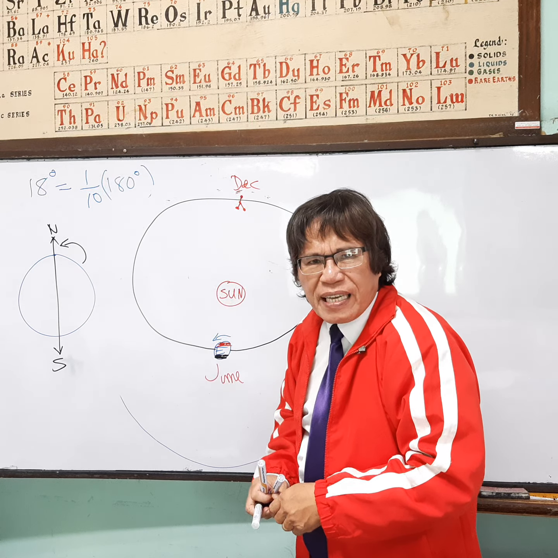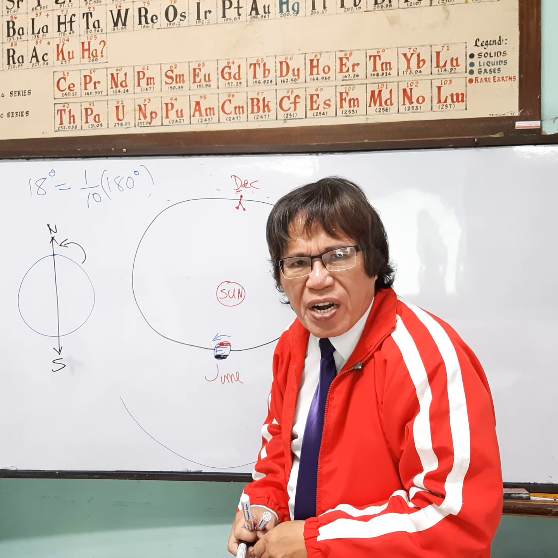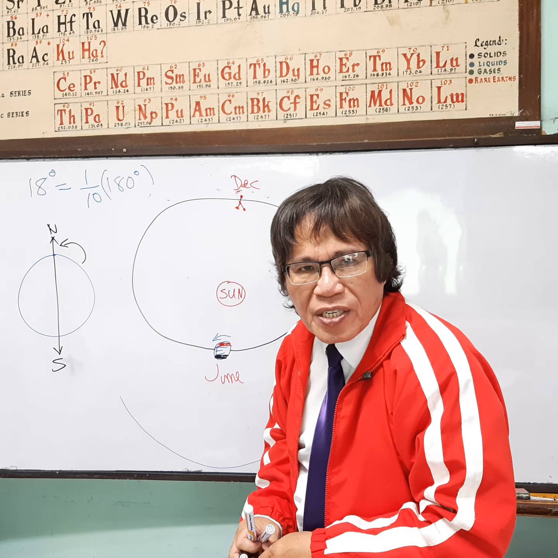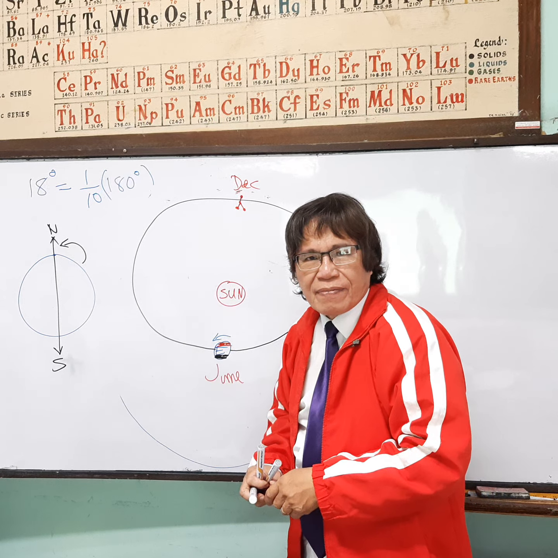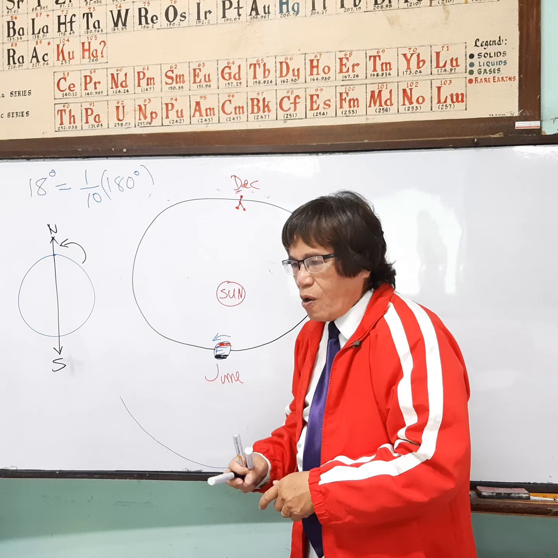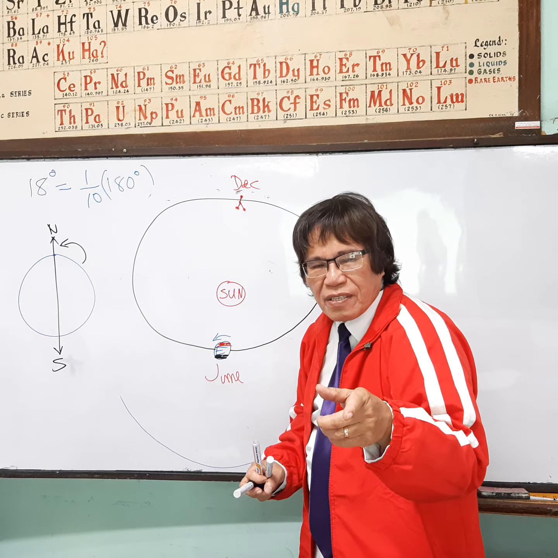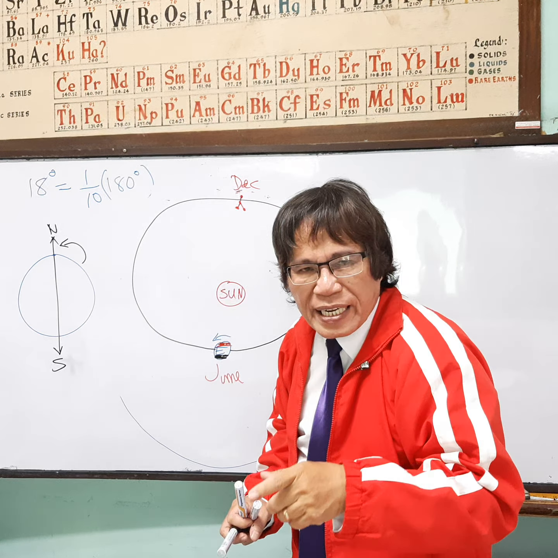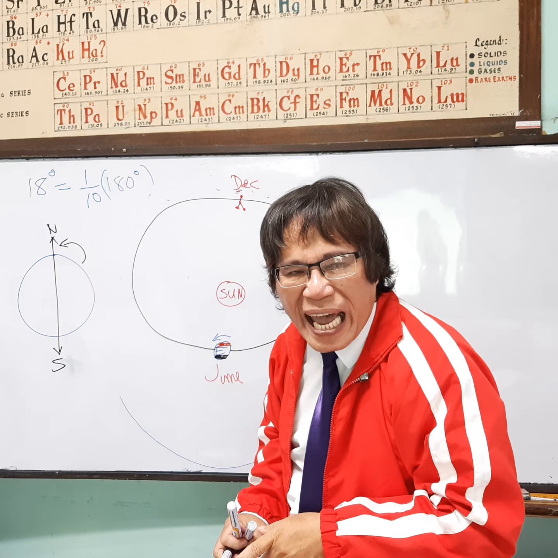So the brightness of the sun covers all the brightness of the stars and planets. So we can see stars, planets during nighttime, very clear because there is the absence of the sun.